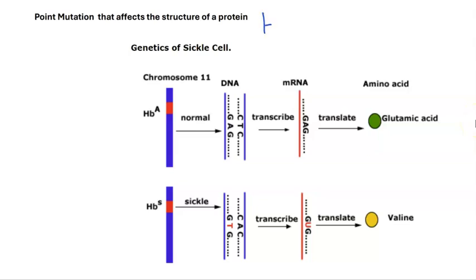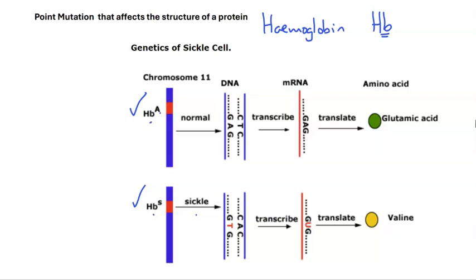Let's take a look at an example of a point mutation that affects the structure of a protein, and that protein is hemoglobin, which often is abbreviated to HB for the protein. So we have the normal gene here, which is HBA, and then we have another one which is called the sickle version, which is HBS.